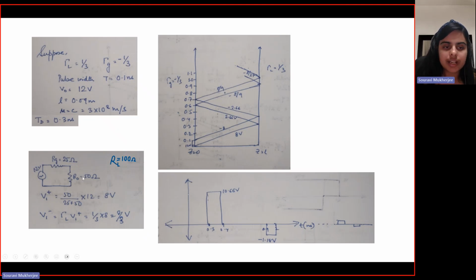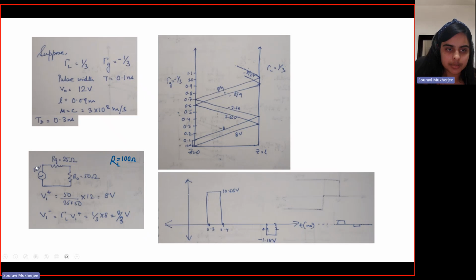Now that you know the characteristic impedance of the transmission line and you know the reflection at the generator end, you can use it to find the resistance at the generator end. Once you have done these calculations based on the reflection coefficients, this is the circuit that you have at the source end.